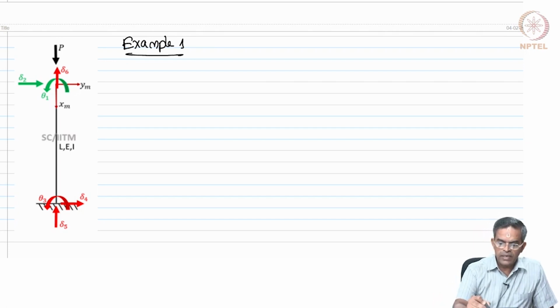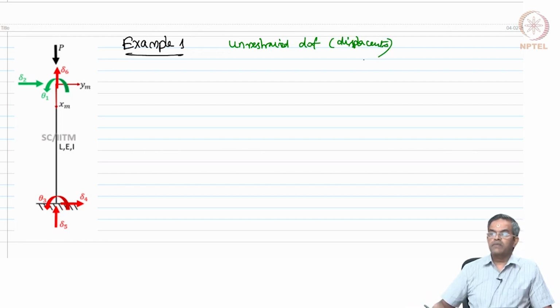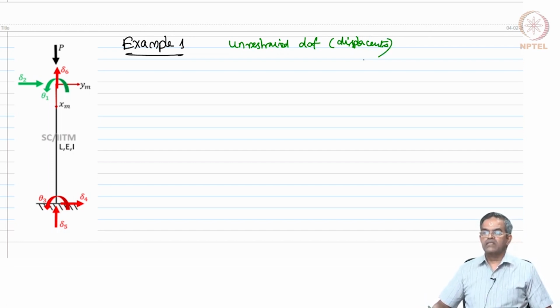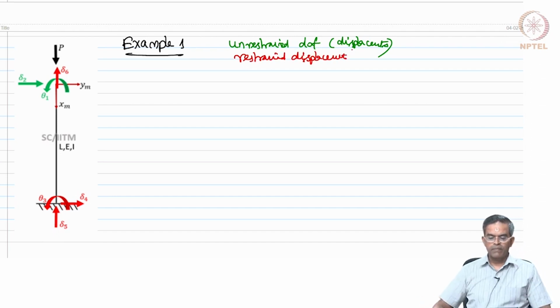So, unrestrained degrees are marked in green, that is displacements. Okay, displacements. Displacements include both rotation and translation, remember that. Okay, are marked in green color, and restrained displacements are marked in red color.